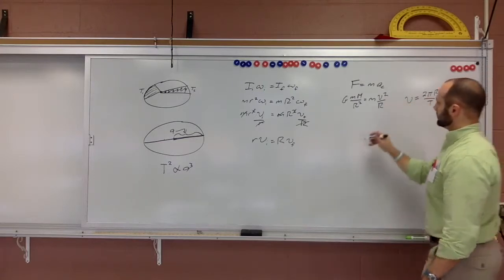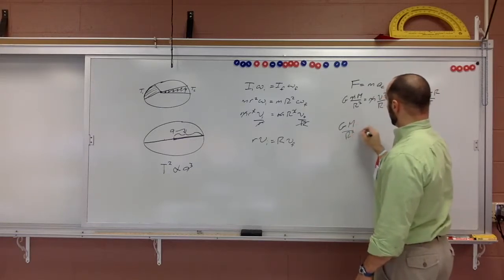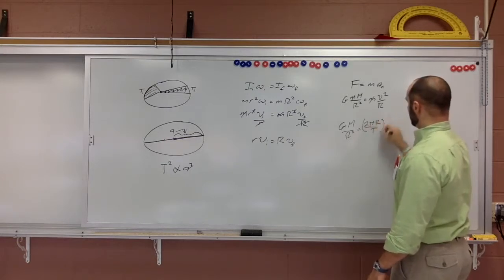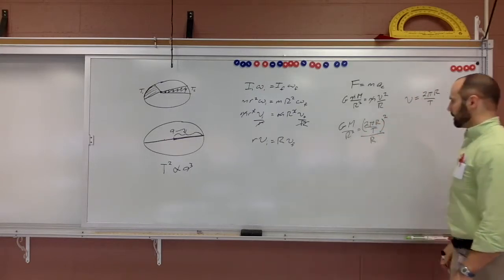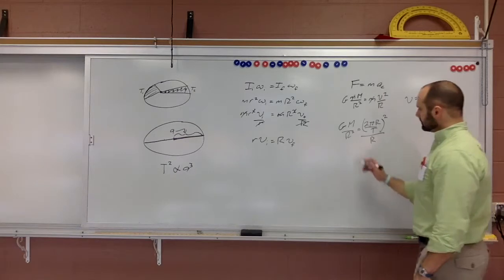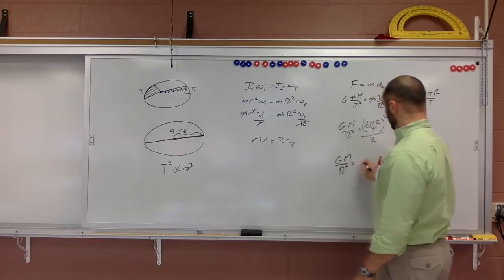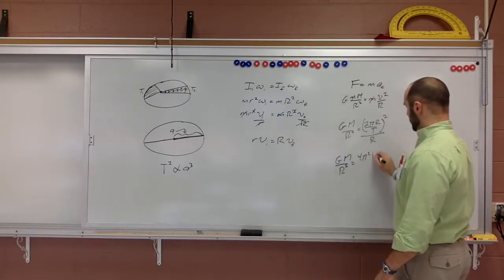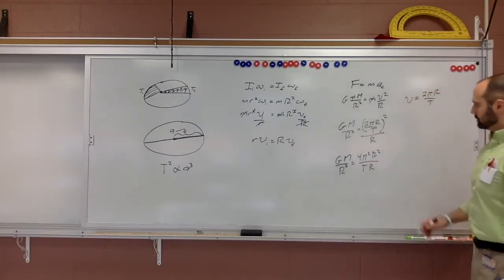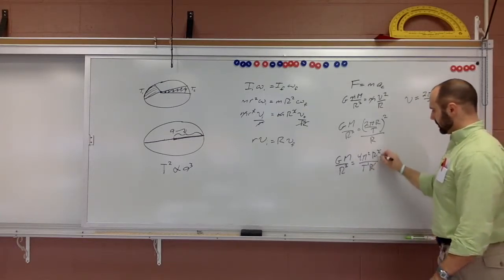So when I plug this in, I cancel out the m's and get G M over r squared equals (2 pi r over T) squared over r. So now I have G M over r squared equals 4 pi squared r squared over T squared r.